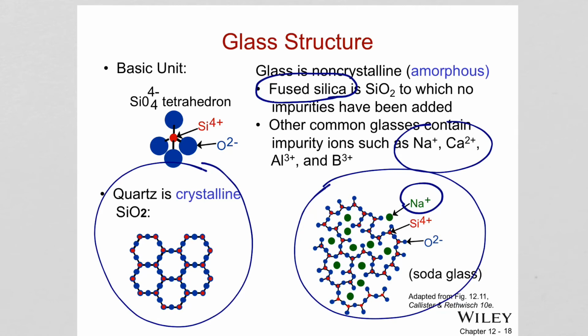Impurities meaning the cations like sodium, calcium. When you don't have these sodium and calcium or other cations present in the structure, but you still have an amorphous structure, that is fused silica. If you add these, you are forming different types of glasses, because different types of glasses exist depending on what type of cations you are adding into the structure, depending on the composition.